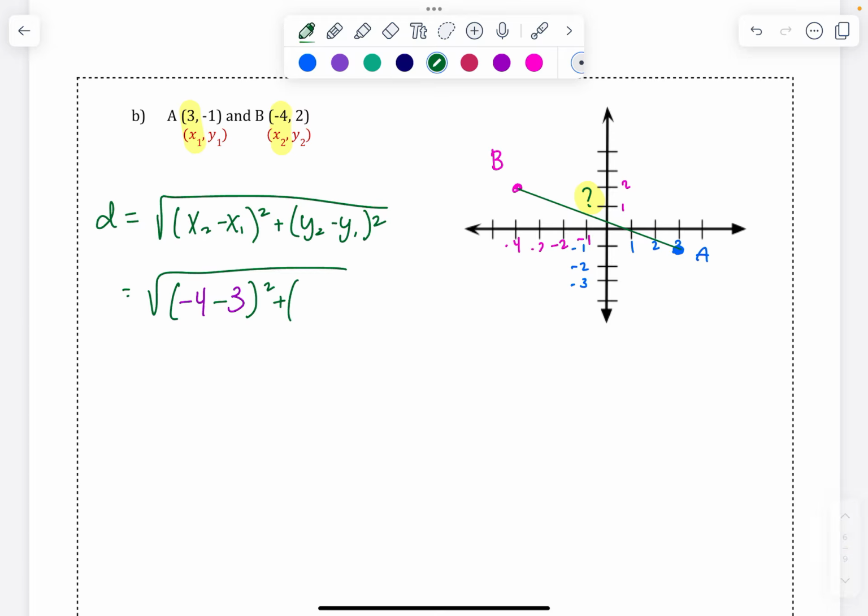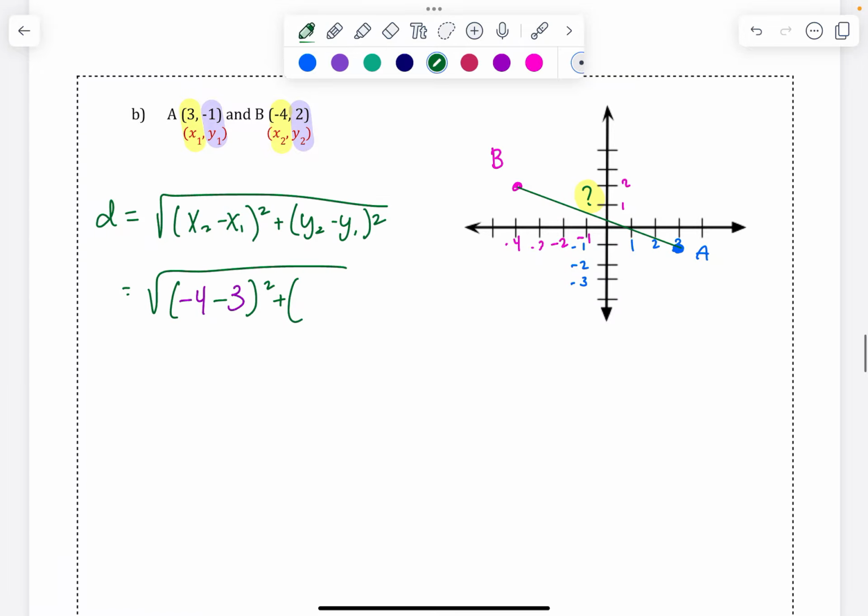Now I'm going to start with y2. y2 is 2. y1 is negative 1. So this becomes 2 minus. Now y1 is negative 1, so I'm going to put that in parentheses as well. And then I'm going to close my overall parentheses and square it.